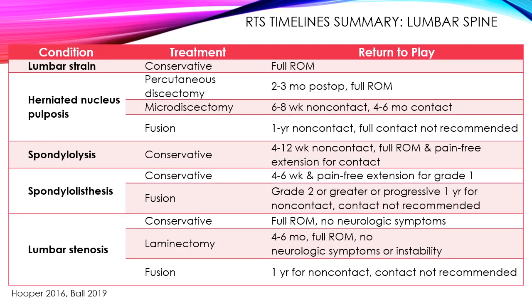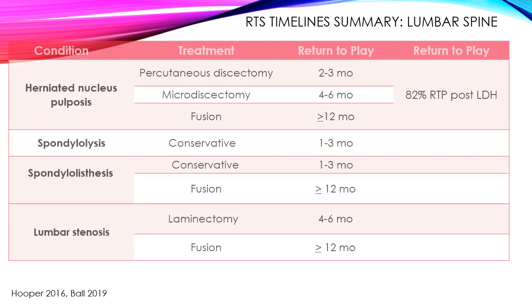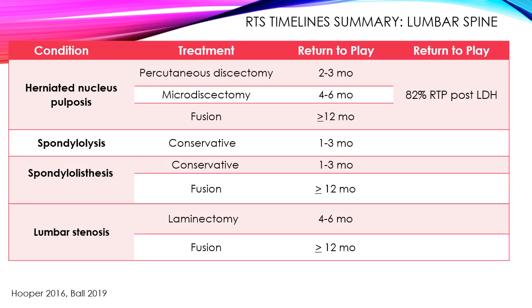So when we're looking at the return to sport timeline summary for the lumbar spine, these are the expected time points at which athletes will return to sport, and this again gives. Okay, lumbar spine continued. So when we're looking at the actual return to play, 82% of individuals who undergo surgery for.